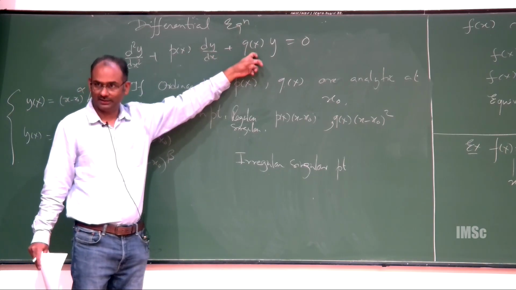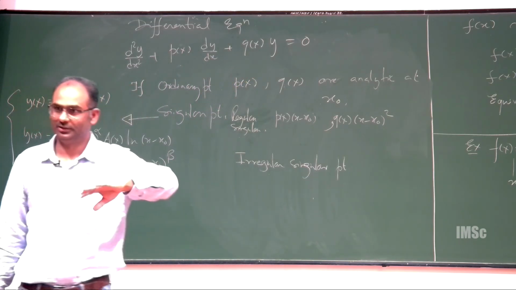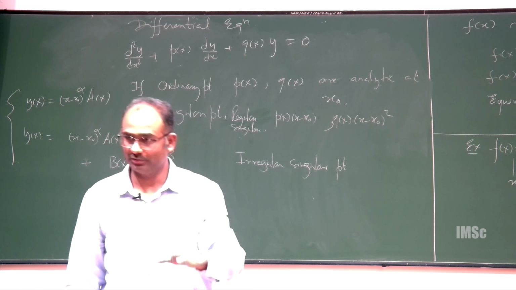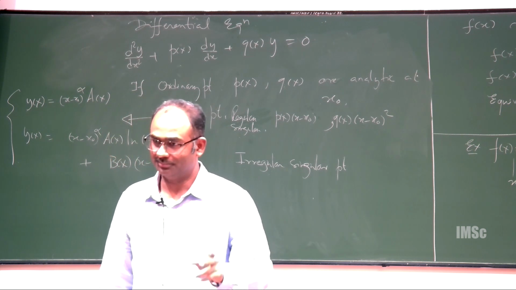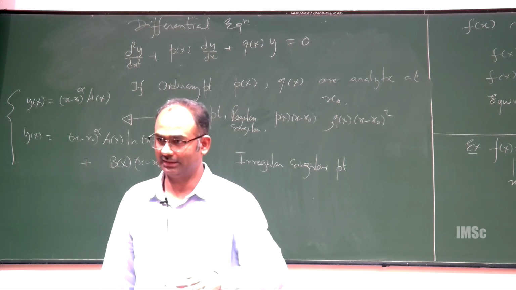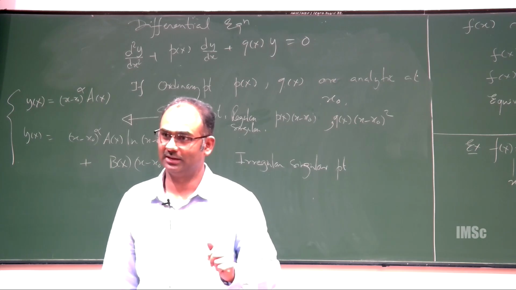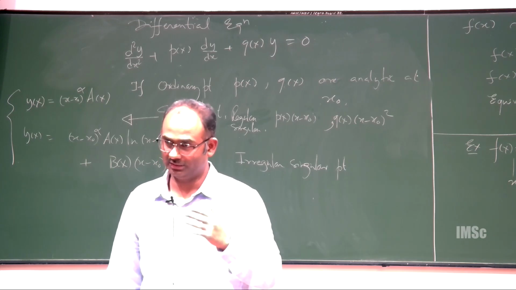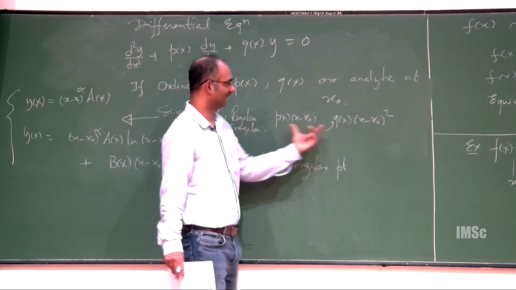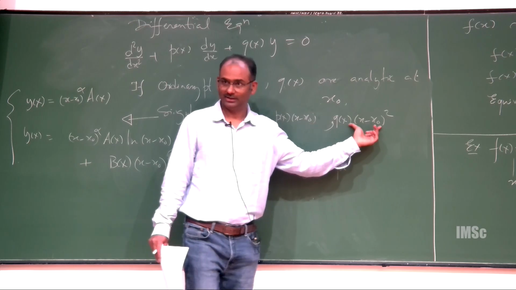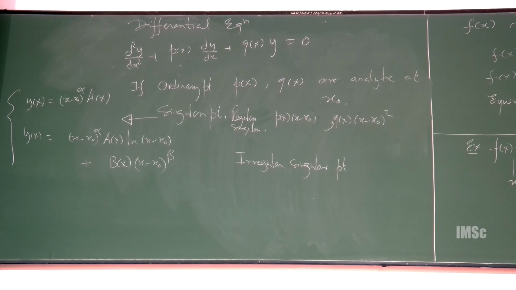If both of them are analytic at that point, then that point is an ordinary point. So in the neighborhood of that, the solutions will be analytic, and you can do a Taylor expansion. If any of them is not analytic at that point, then that point is a singular point. Now you could classify further between regular and irregular. If these products are analytic at x naught, then you say it's a regular singular point. Otherwise, it's an irregular singular point.